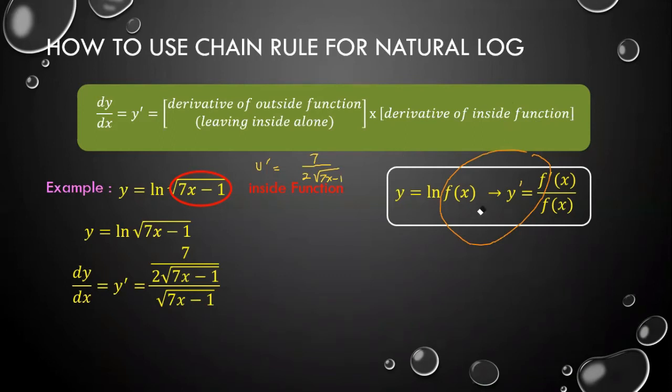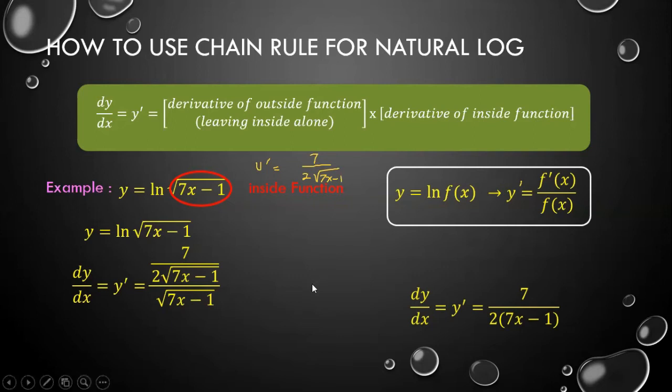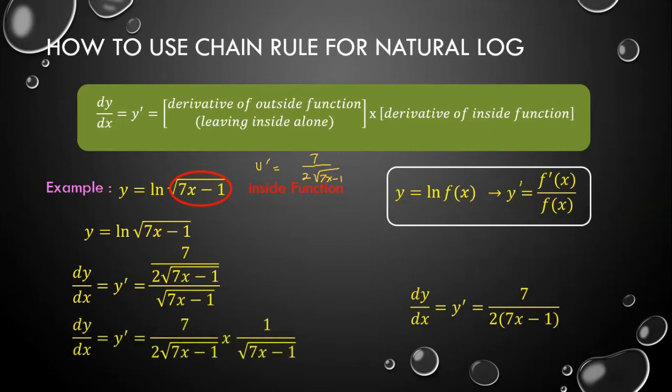Okay, students, next. So dy over dx or y prime equals 7 over 2 times root of 7x minus 1, all over root of 7x minus 1. How do you know that? dy over dx or y prime is 7 over 2 root of 7x minus 1, right?